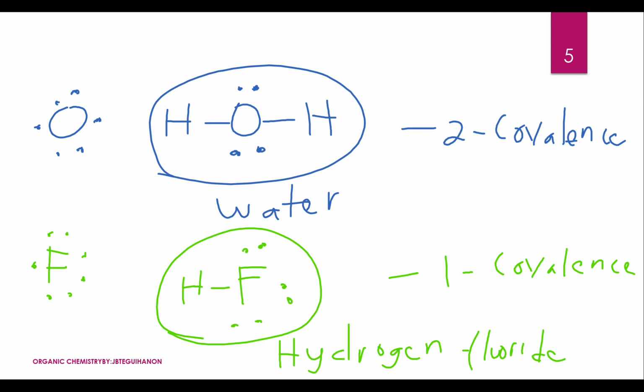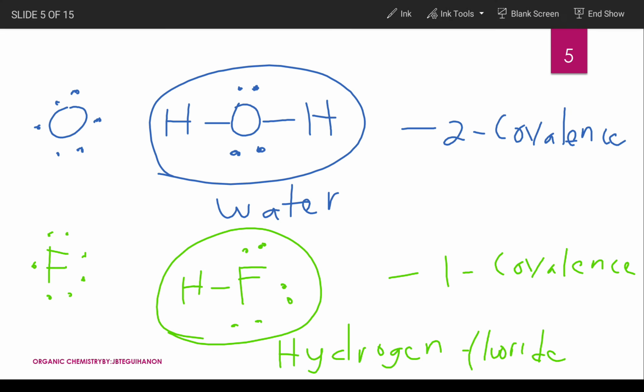And then we come up here with the oxygen Lewis symbol, and the chemical structure of water, and the covalence number. And we go for hydrogen fluoride with F, and then we drew the structure, and the covalence number here. Okay, so that's all for now.